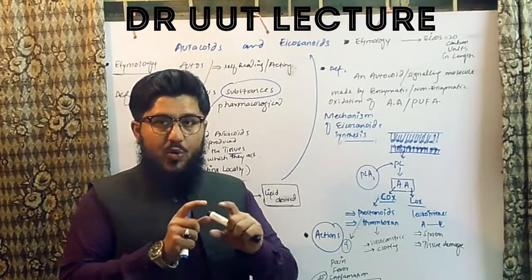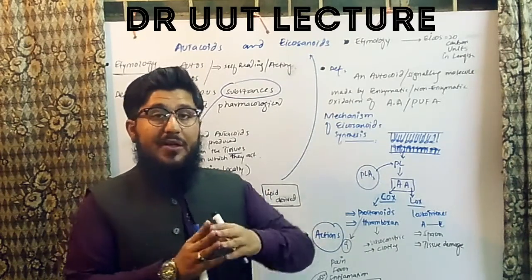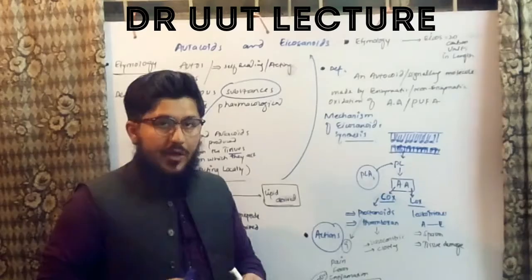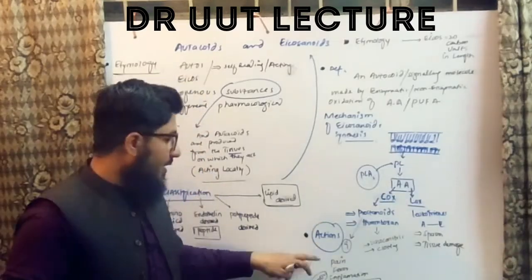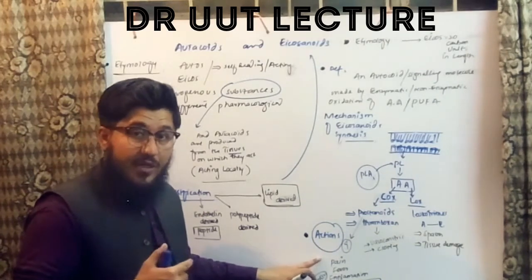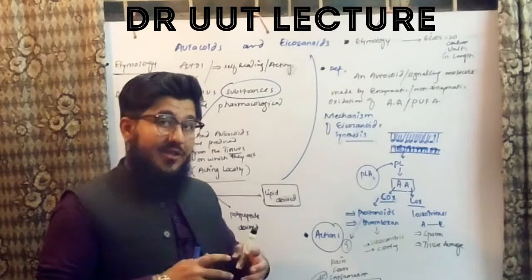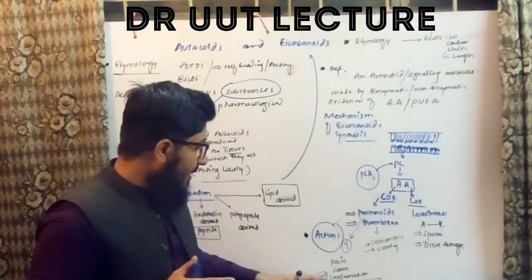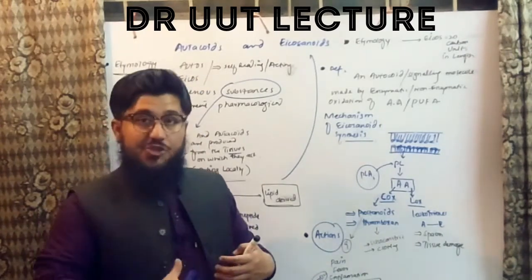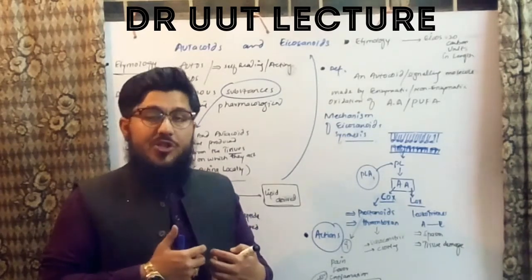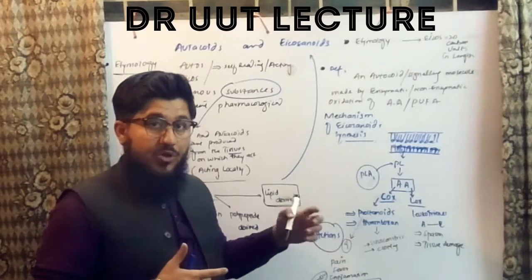I will tell you some of the jobs that are common in almost all the prostanoids and prostaglandins. They are involved mainly in pain, fever, inflammation and bronchodilation. Some prostaglandins dilate the bronchioles, and they are also involved in mucus production in the GIT, in the stomach. The mucus produced in the stomach protects your stomach, and it is produced by the prostaglandins.